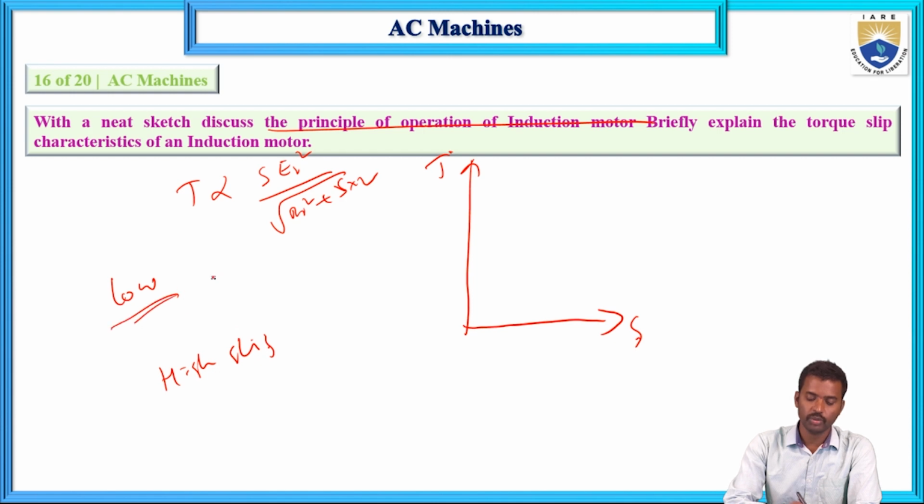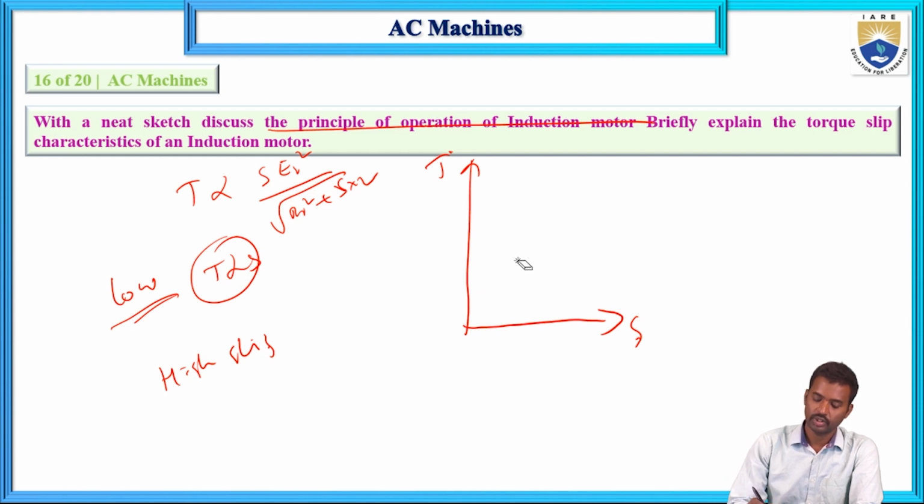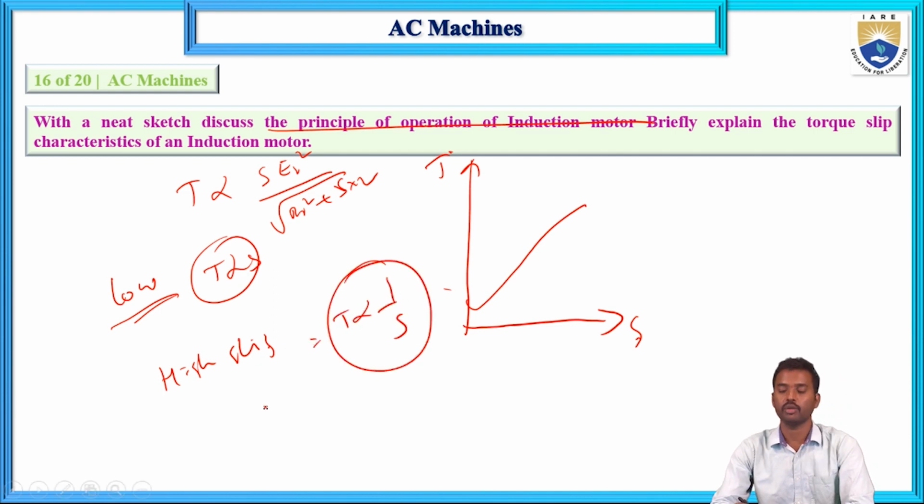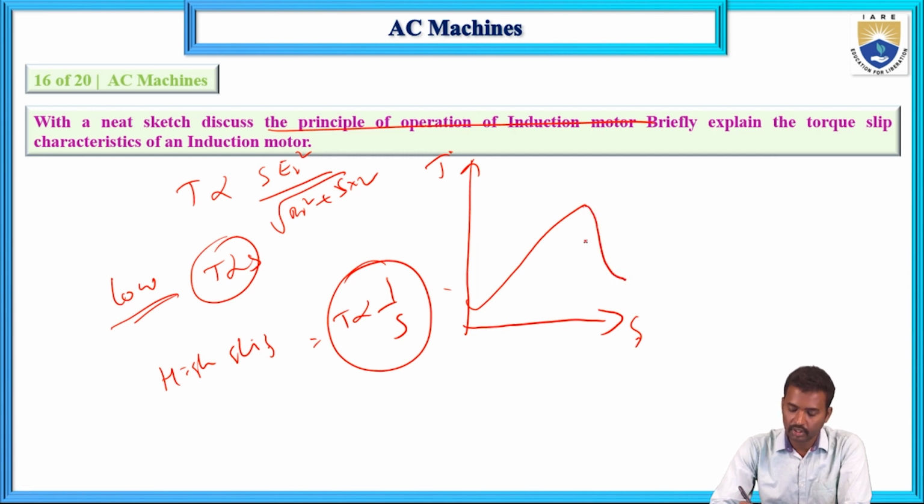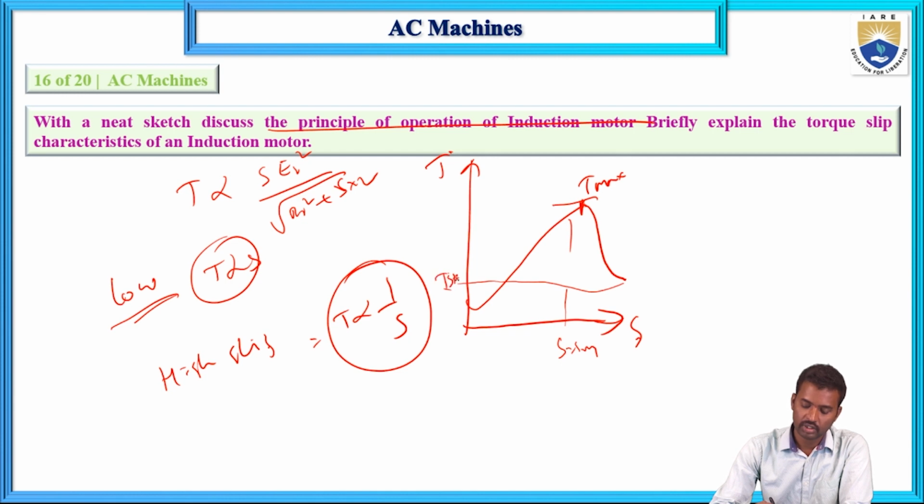For the low slip region, torque is directly proportional to S. For the high slip region, torque is inversely proportional to 1 by S, a rectangular hyperbola. This is the maximum torque at maximum slip, and this is T start.